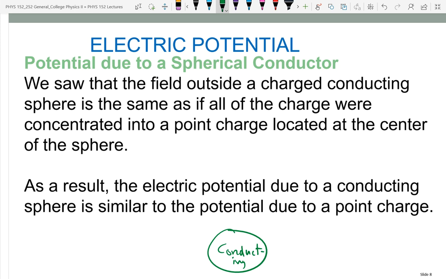It can't move around. And so in their case, the charge is going to be distributed differently. If it's conducting, the charge is going to all be on the outside, and you can treat it as if it's at the center. For their case, if it's spherically symmetric, they can still treat all of the charge as if it's at the center, but calculating the total charge is a little more difficult. They actually have to do an integral to find the total charge.